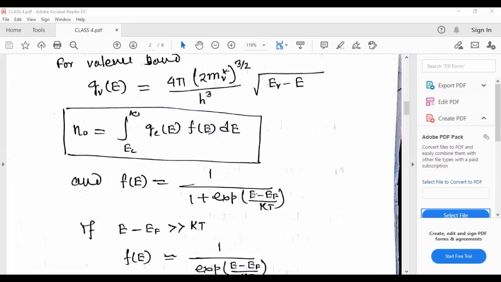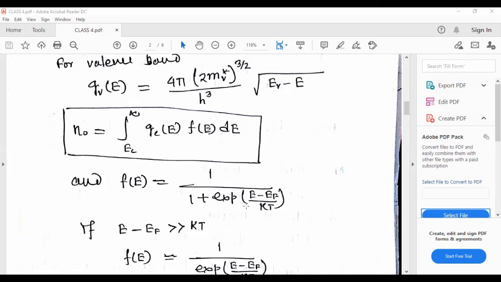Let's consider that E minus EF is more than KT. Means what? Some huge quantity at the numerator of this exponent. So exponential of something more means huge.